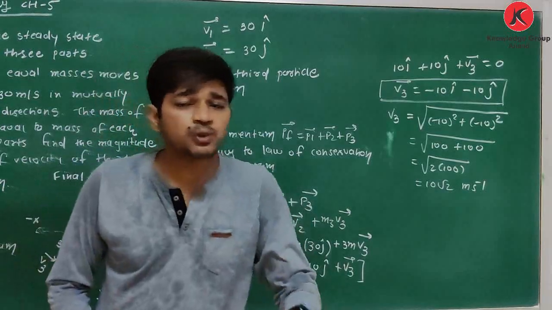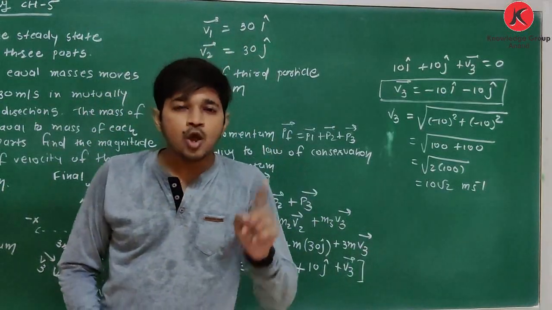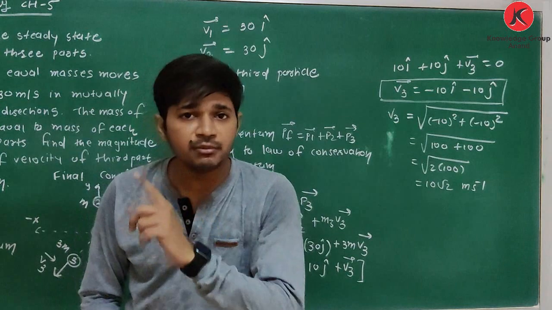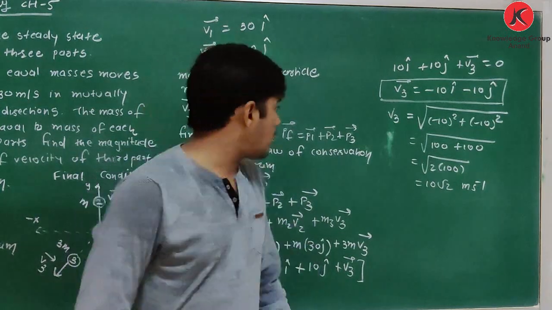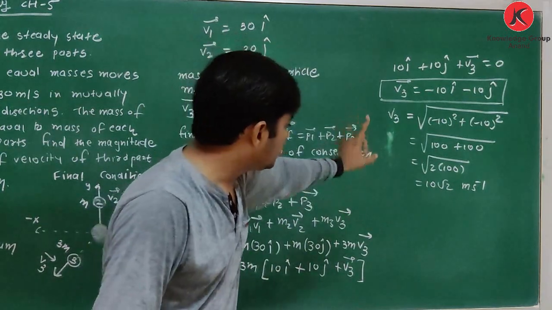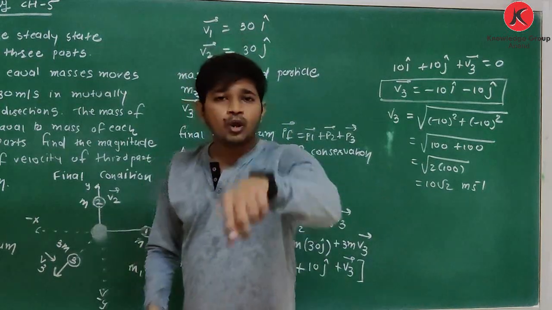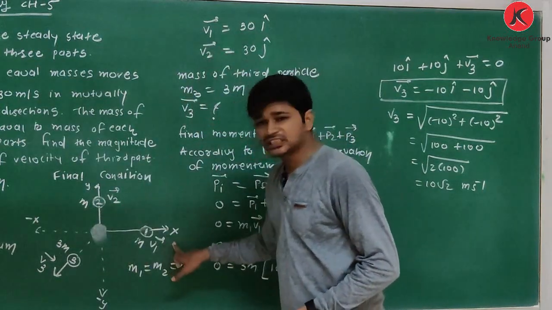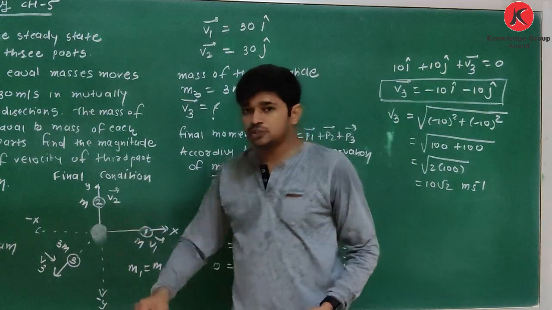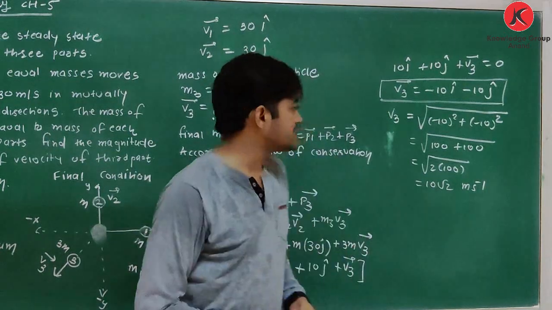What is the speed of the first particle? 30 meter per second. Second particle? 30 meter per second. Third particle? 10 root 2 meter per second. What is the direction of the first two particles? First in x direction, second in y direction. So what is the direction of the third particle?